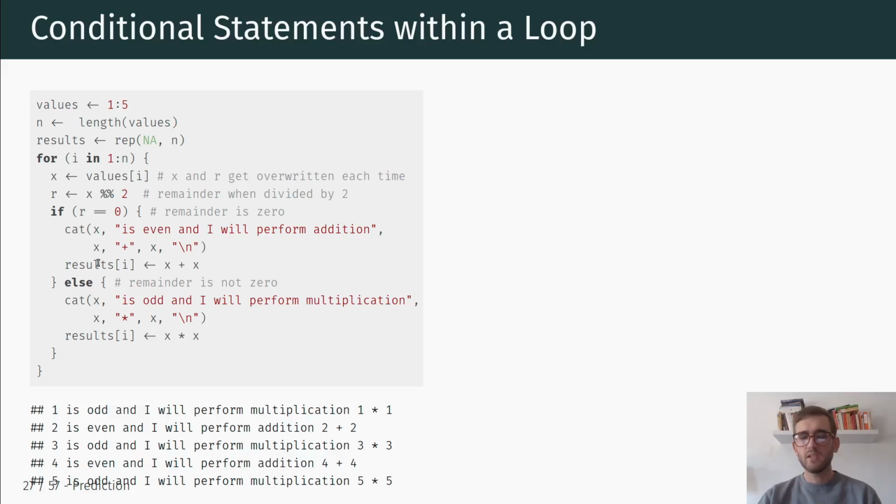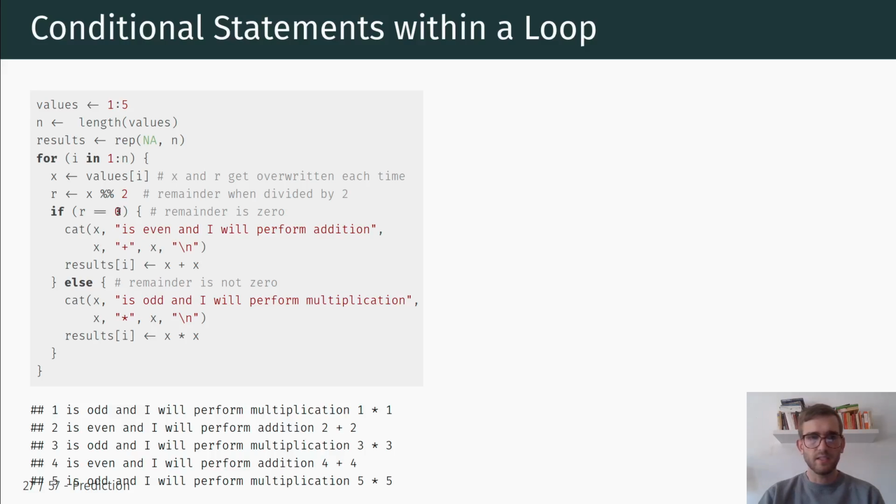Because ultimately in this specific example, we want to write a function that takes one number, and if that number is even, it will add the number to itself, and if the number is odd, then it should multiply the number by itself, right? So we have an if condition here, if r is equal to 0.